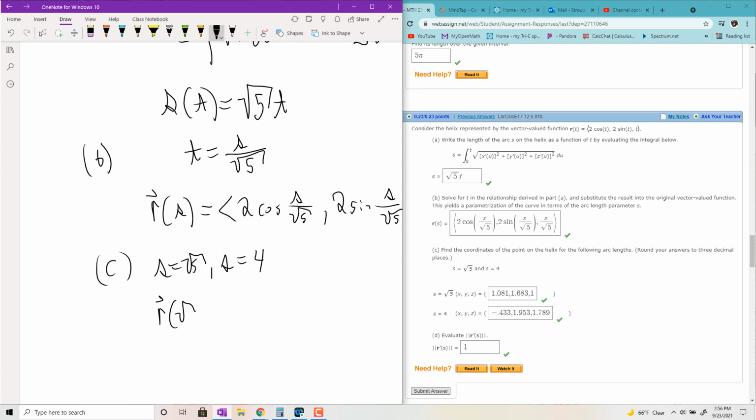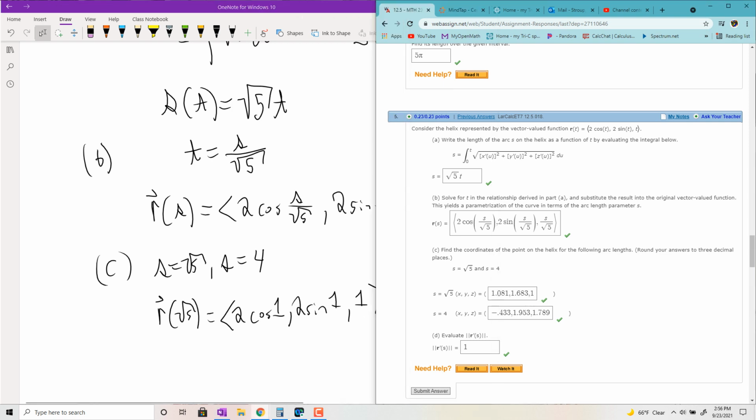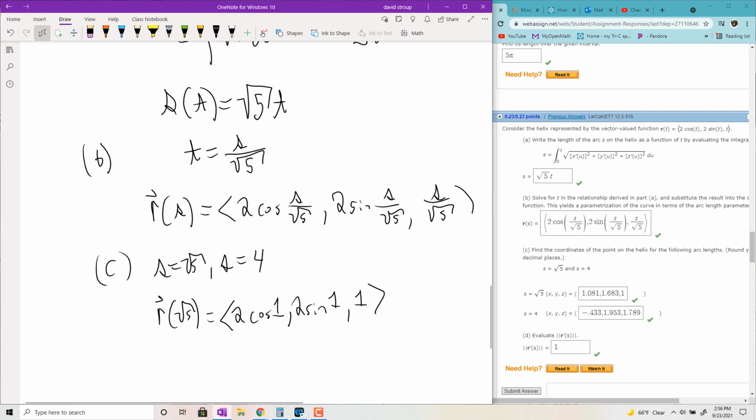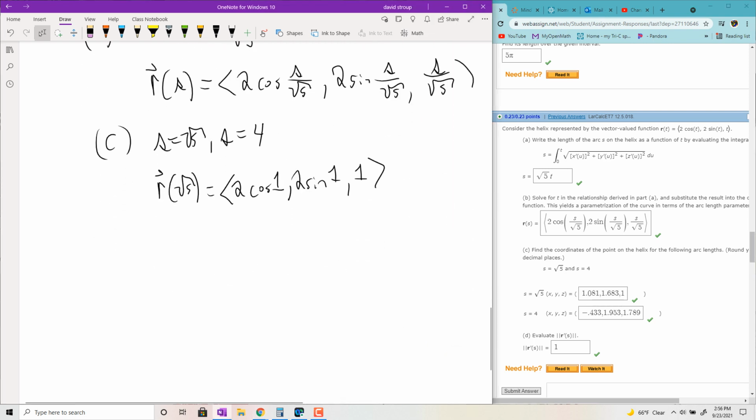So R of root 5 is going to be 2 cosine of 1, whatever that is, use your calculator, 2 sine of 1, and then I think it's just 1, right? I can't see what my thing says anymore. Yeah, root 5 over root 5 is 1.